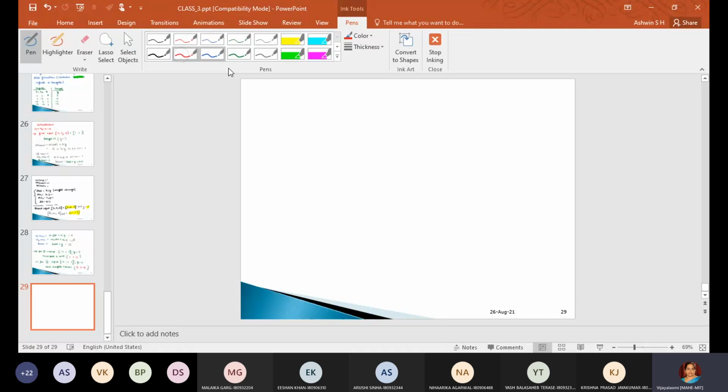Here, for your understanding, I'll write the inputs x1, x2, b, then y, and then the weights. Here we have 1 1 1, 1 minus 1 1, minus 1 1 1, minus 1 minus 1 1.